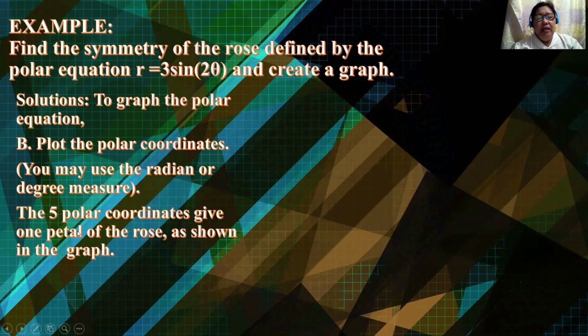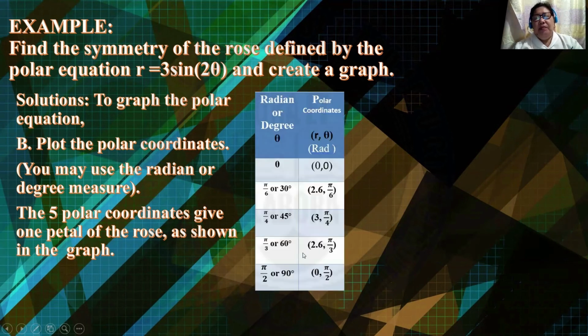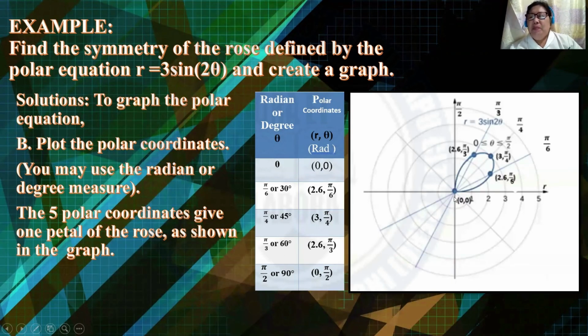The 5 polar coordinates give 1 petal of the rose as shown in the graph. So, this 5, 1, 2, 3, 4, 5. So here, 0, 0 for 0 degrees. Then you have 3, pi over 4. So it's 1, 2, 3 here, 3. Then 2.6 is somewhere here, and then pi over 3, and then pi over 6.